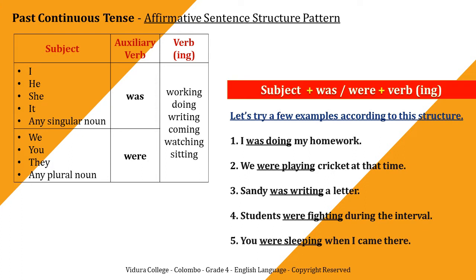They are was and were. You have to choose the helping verb according to the subject. If the subject is a singular noun, then the helping verb should be was. If the subject is a plural noun, then the helping verb should be were. Then you have to write the verb. Verb should be with ing.